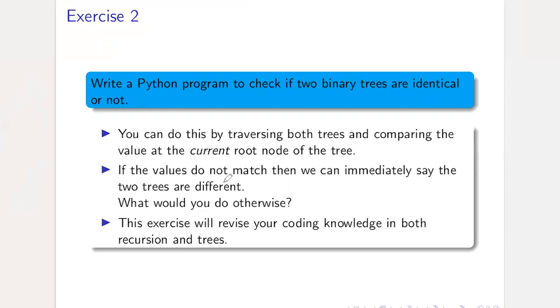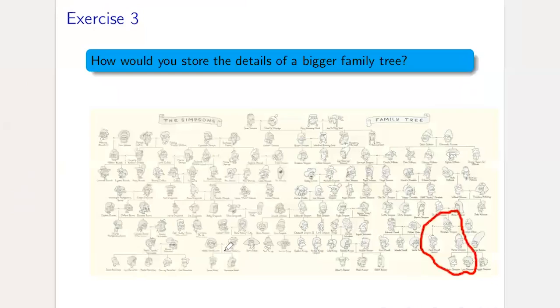If there is a mismatch at any point, that means the two trees are different. So the interesting thing is how to do the traversal. Try this. It's very important. It will check your coding skills in both recursion as well as in binary trees.